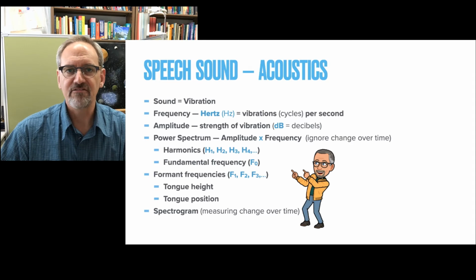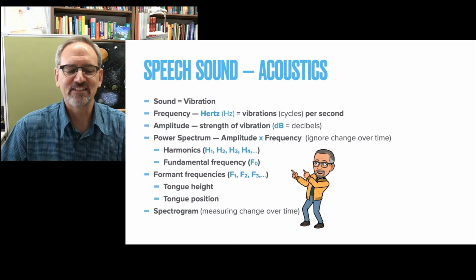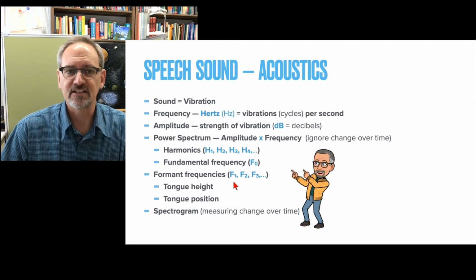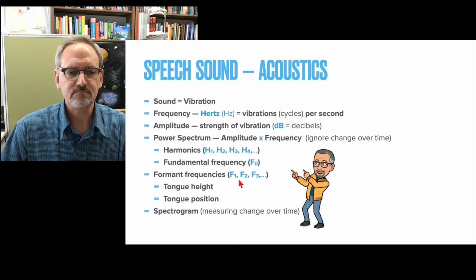They're both F with a little number next to it. And so hopefully today I'll make clear what is a formant frequency and how it is different from the fundamental frequency. The notation is F with a little 1 will be the first formant frequency. F with a little 2 will be a second formant frequency. And then the third formant frequency.